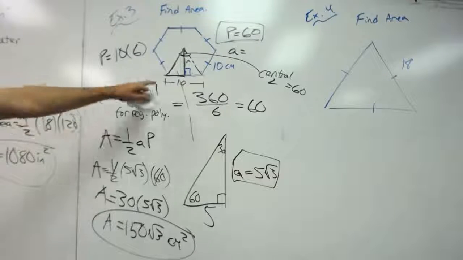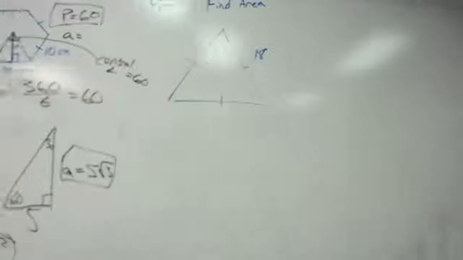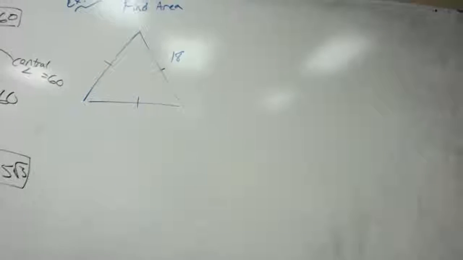So it all goes back to creating that imaginary triangle when we're solving for areas using these apothems.